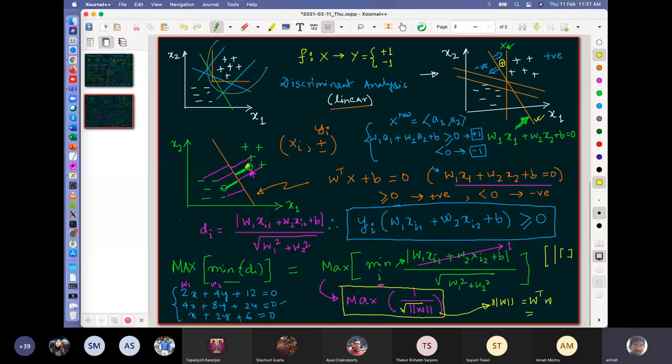For our case, this is the point. Now I will select the W's and B's of that line in such a way that feeding that point here gives me the value 1, keeping the line intact. I can take W's and B's that way anyway, and it helps me simplify my optimization problem.